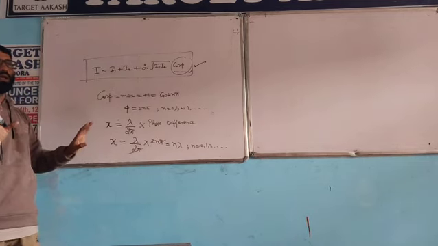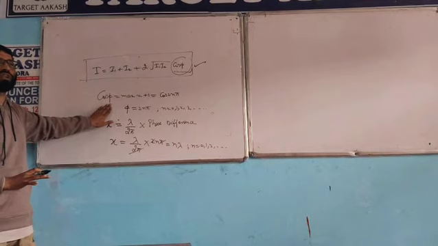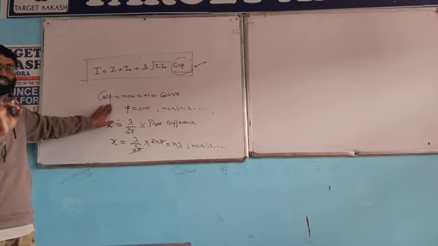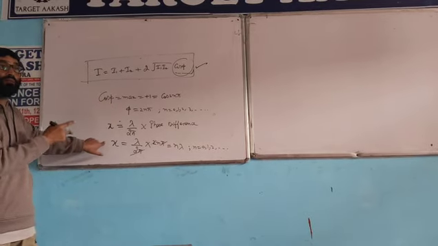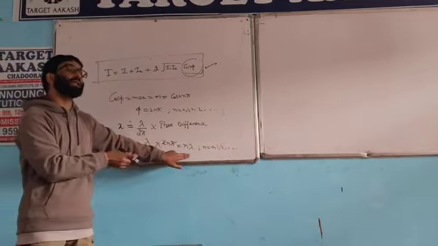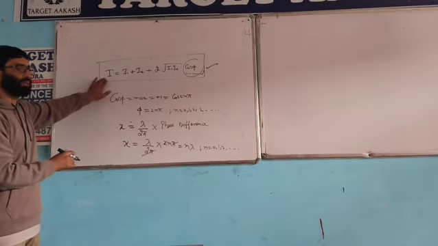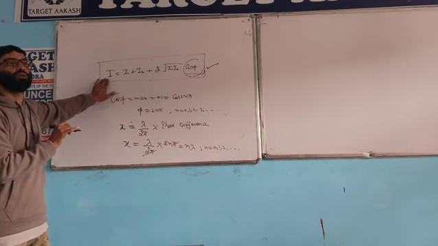The condition for constructive interference is that either the phase difference is an even multiple of pi, or the corresponding path difference is an integral multiple of lambda.